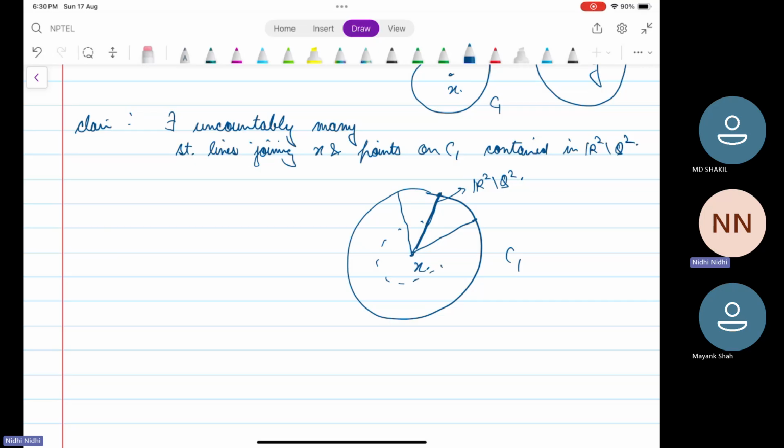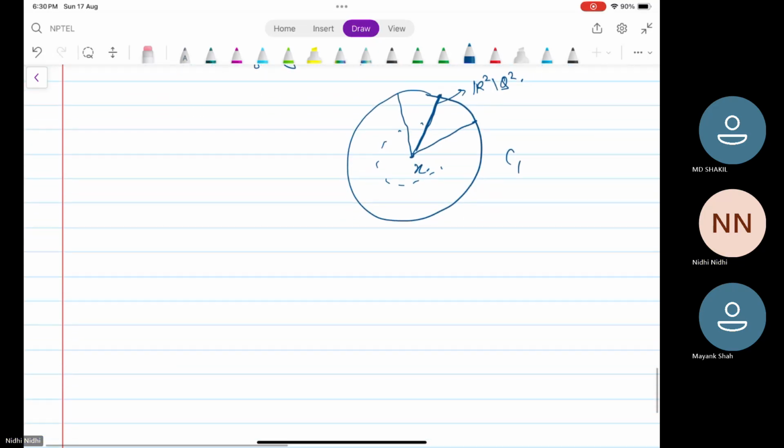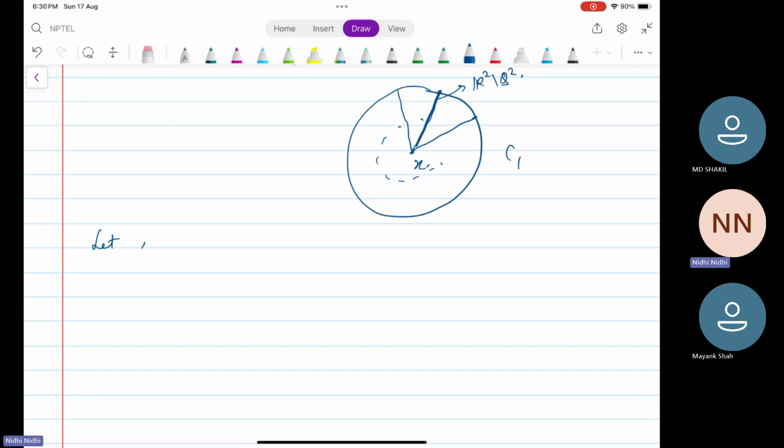Now suppose this is not possible. Let, if possible, the claim is not true. So clearly we know that we can construct uncountably many lines from x to the points in C1, because clearly we have uncountably many options.